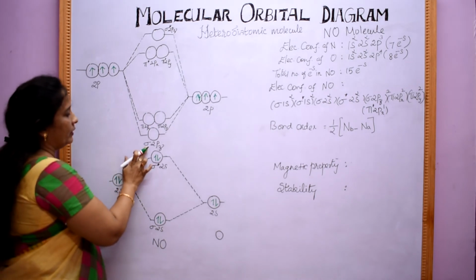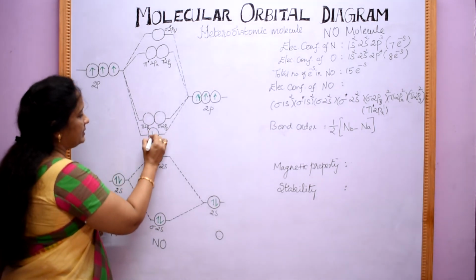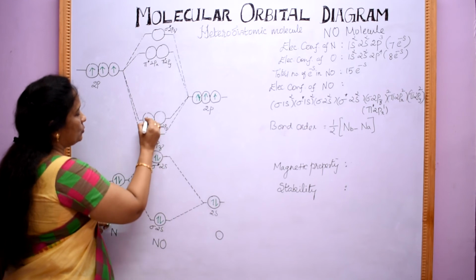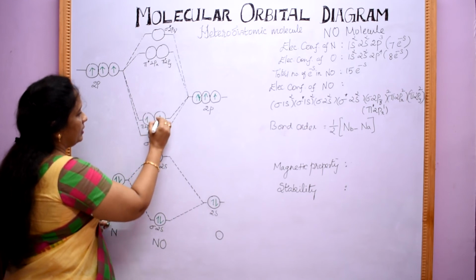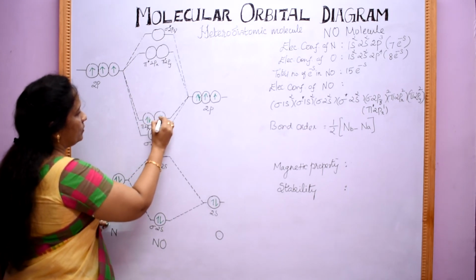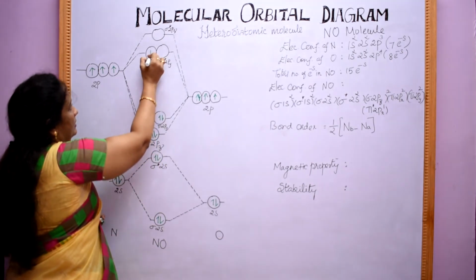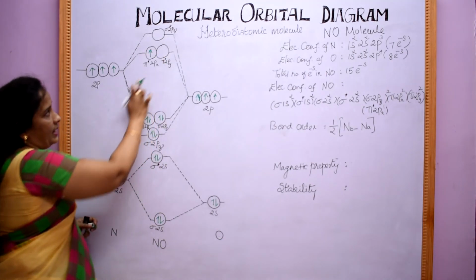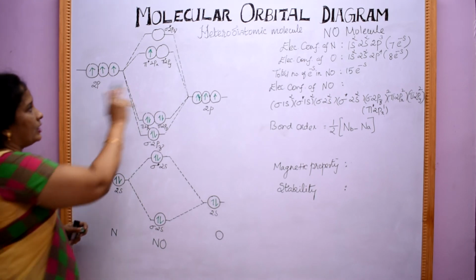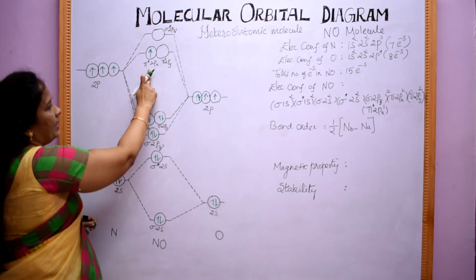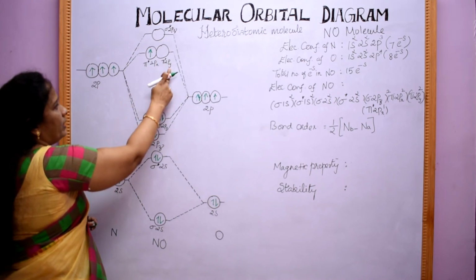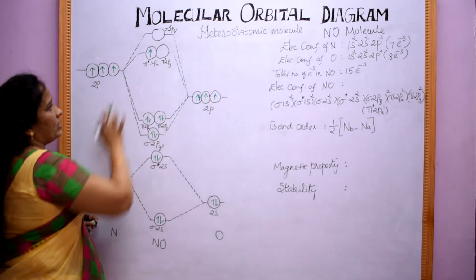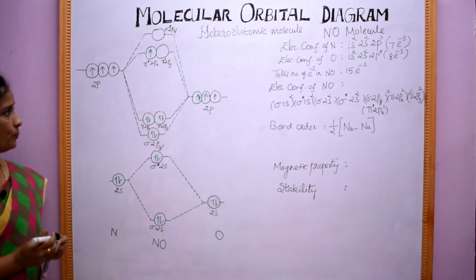First, the filling of sigma 2pz happens. First electron, 2, 3, 4, 5, 6, and the 7th electron goes to pi star 2px. Here we cannot say that the electron is only in pi star 2px. It can be in pi star 2py also. For convenience, we are writing it as pi star 2px.